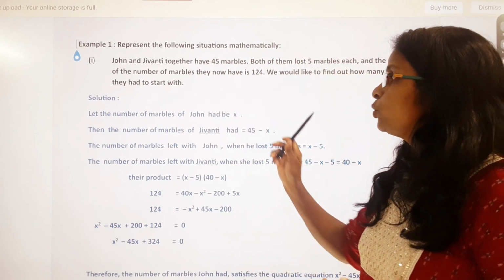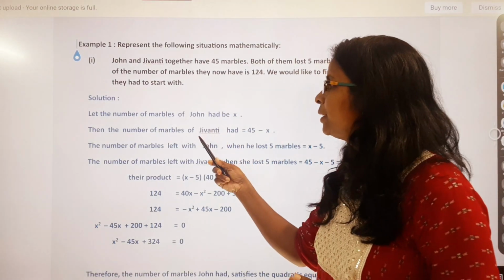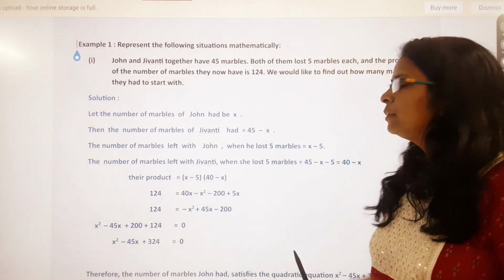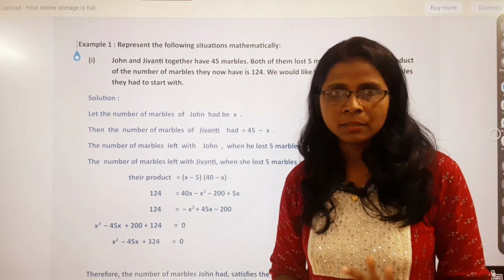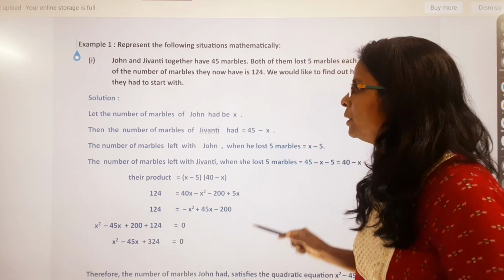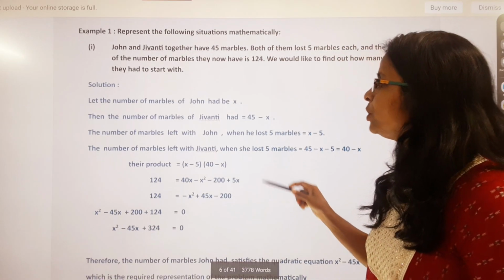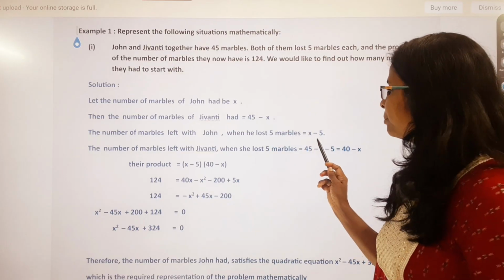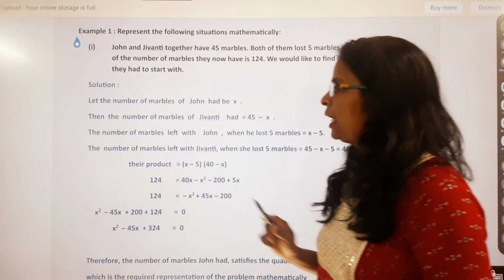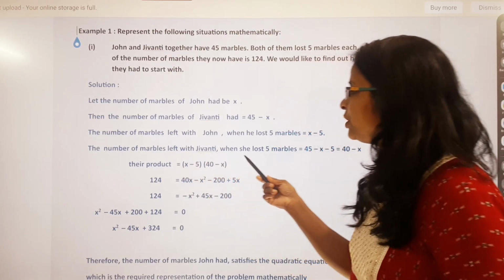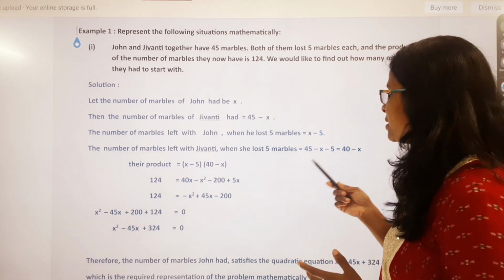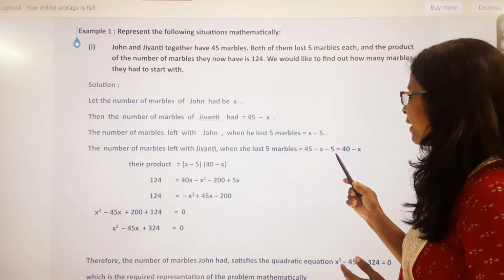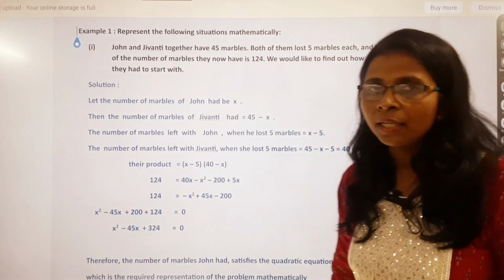If John has x marbles, then Jivanti has 45 minus x. Then the number of marbles left with John when he lost 5 marbles is x minus 5. And the number of marbles left with Jivanti when she lost 5 marbles is 45 minus x minus 5, that means 40 minus x.